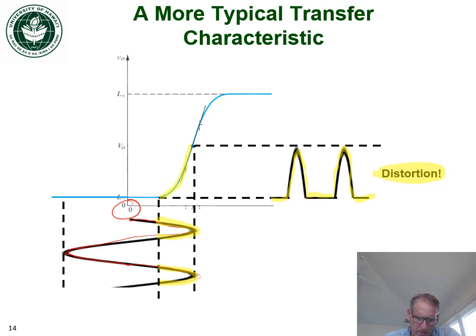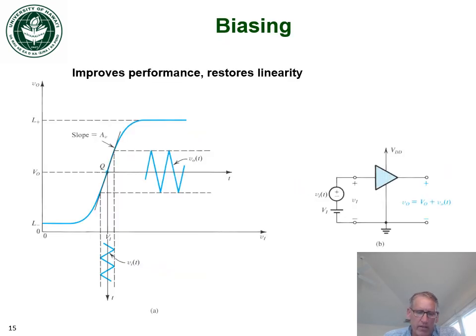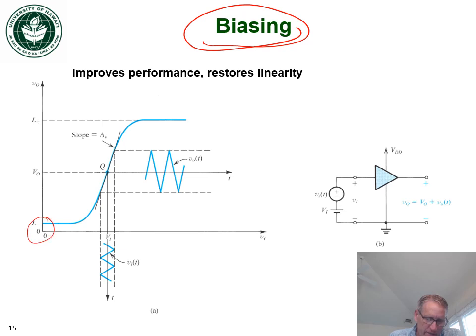So how are we going to solve this problem of amplification, where we get all this distortion, or in the previous example, no amplification at all? The key here is something called biasing, and that is we add a DC offset to our signal. So instead of having it centered around 0 volts, we shift it over by some DC, right? This is called a bias voltage, or some DC voltage.